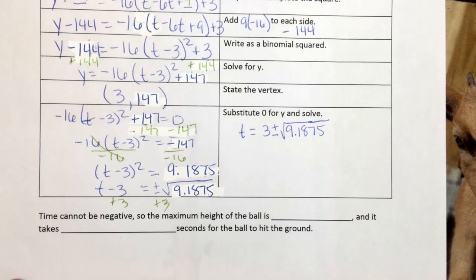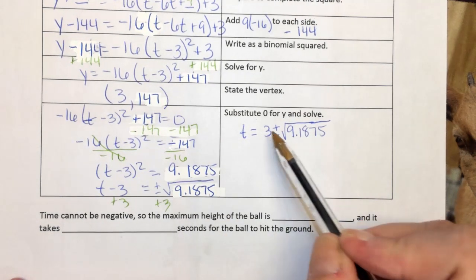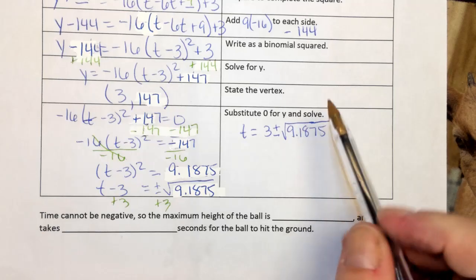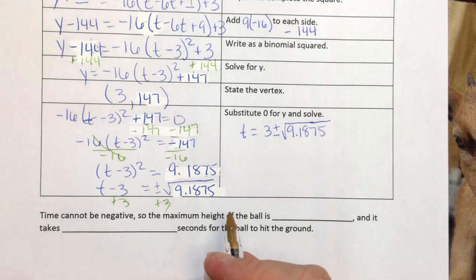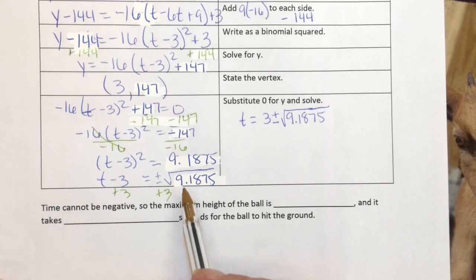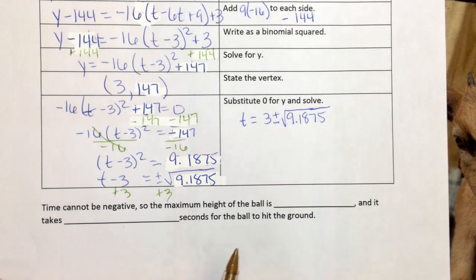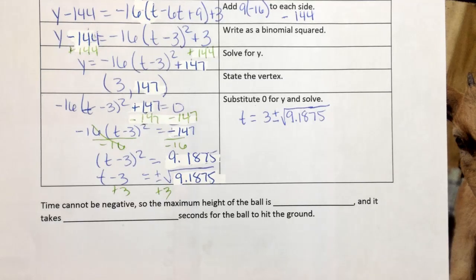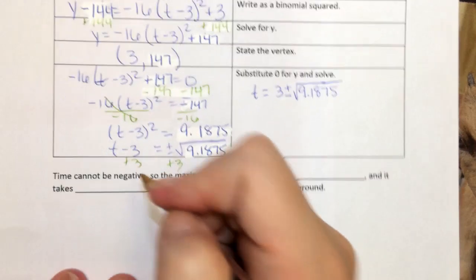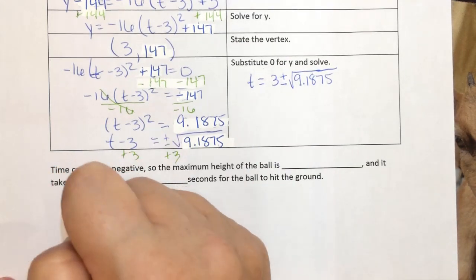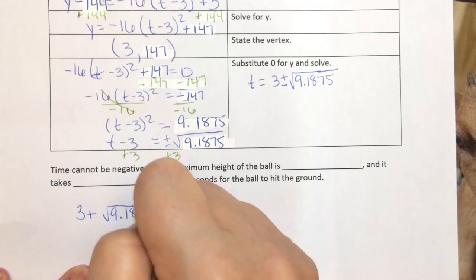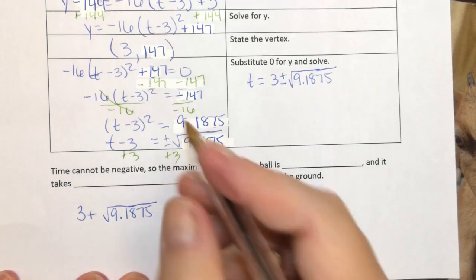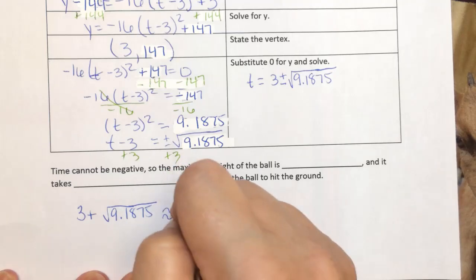So time cannot be negative, right? So if we do 3 minus, that's going to give us a negative. Therefore, we only have one option. We could do this in a calculator. I know y'all love it when I do that. I'll just give you the answer. If we work this out, 3 plus the square root of 9.1875, if you put that in a calculator, you would get approximately 6 seconds.